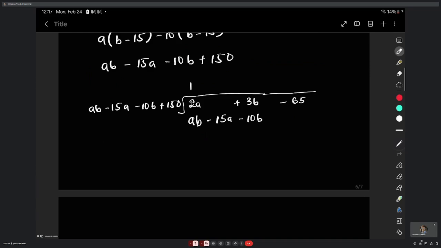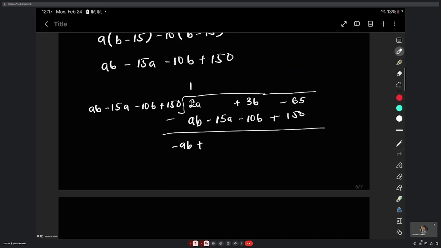So this AB minus 50, minus plus 150. So if we subtract, we are going to get minus AB plus 2A, minus plus 17A.